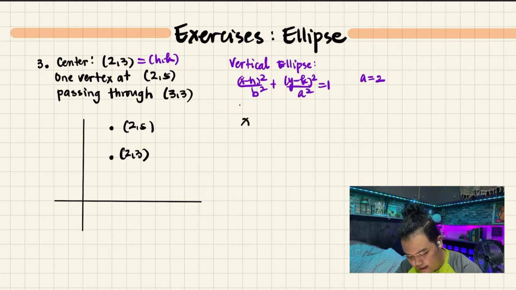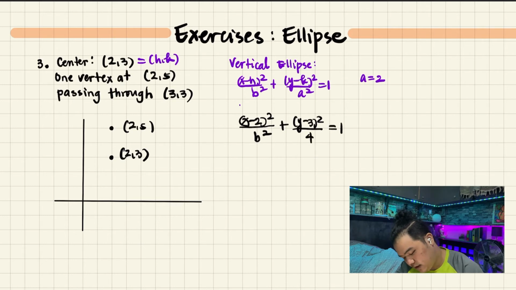Meron tayong x minus 2 square, tapos, over b square plus y minus 3 square over 2 square is 4 equal to 1. Tama bang? H is 2, k is 3, b square, a is 2, kaya magiging 4.